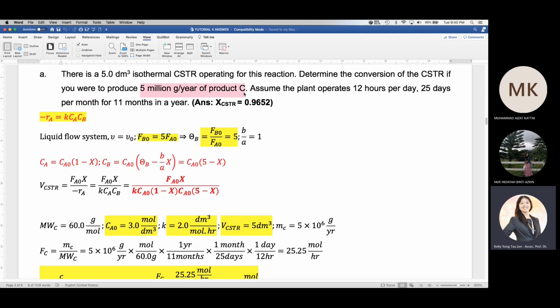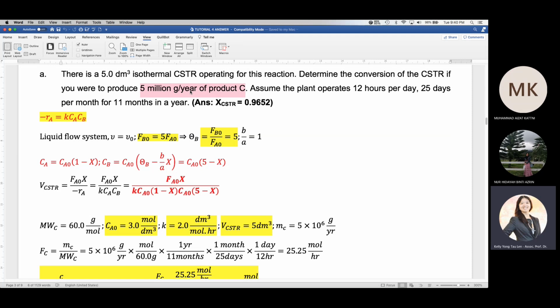So apa tu million gram per year? Okay, kalau kamu perasan, gram mass, year tu time. So dia beritahu kita sebenarnya production rate dia. Dia nak tahu, if I want to produce production rate of product saya tu adalah 5 million gram per year, berapa conversion dia? Kalau mole per time, molar flow rate.